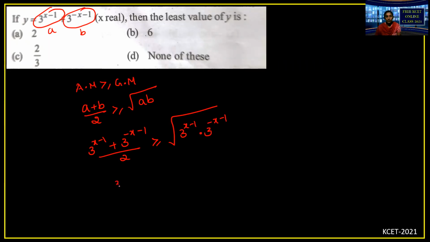So this can be written as 3 power x minus 1 plus 3 power minus x minus 1 is greater than or is equal to twice square root of 3 power x into 3 power minus 1.